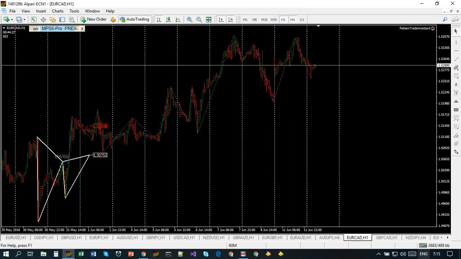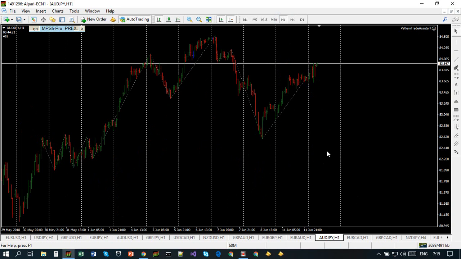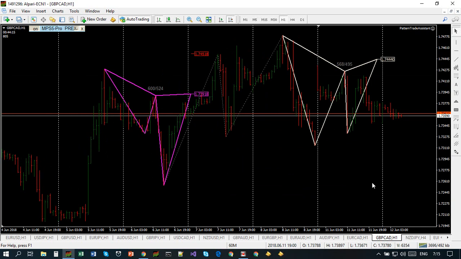Nothing here on Euro Canadian. Aussie yen 1 hour. It was 4 hour, and let's go back to 1 hour. Euro Canadian. Pound Canada. Well, it is still valid based on algorithm. We don't have choppy movement.